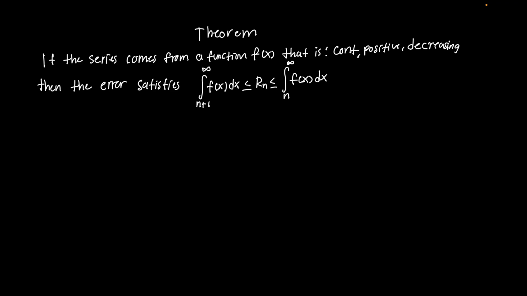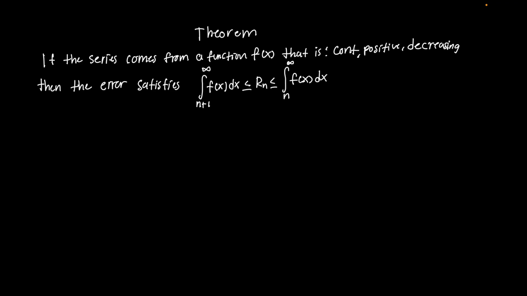This is called the remainder estimate for the integral test. Now, you don't have to memorize all this, but just note that the true error is trapped between the two improper integrals. That's the key idea, because I promise you, if I try explaining all this, it would be really confusing.